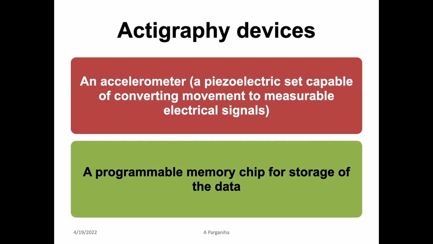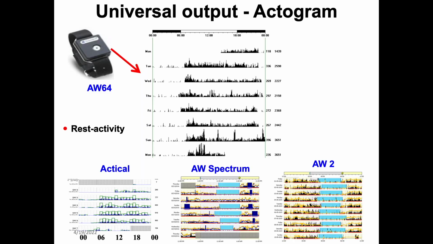These actigraphy devices consist of an accelerometer, a piezoelectric sensor that is capable of converting movements to measurable electrical signals, that is, movement in the wrist is converted into electrical signals. For storage of these signals, actigraphy devices also consist of a programmable memory chip for storing this data.